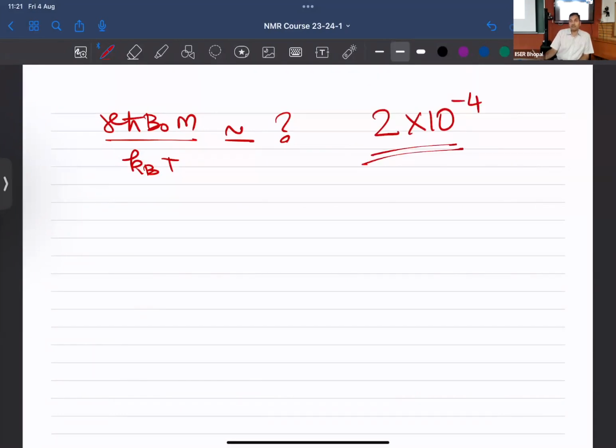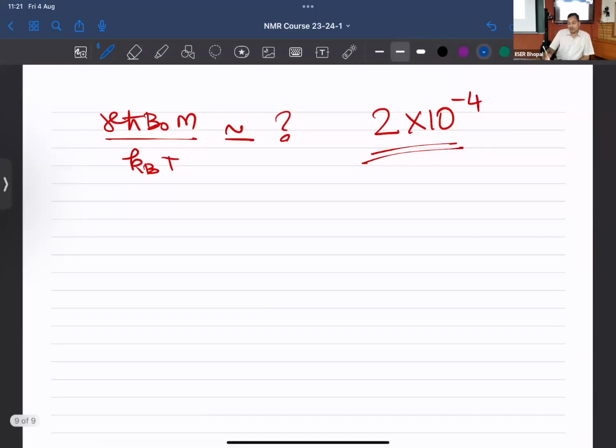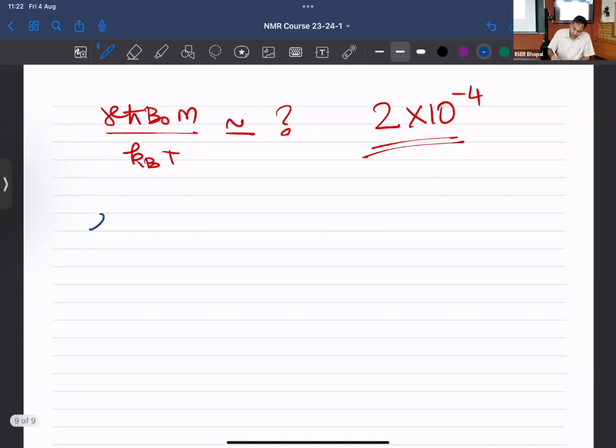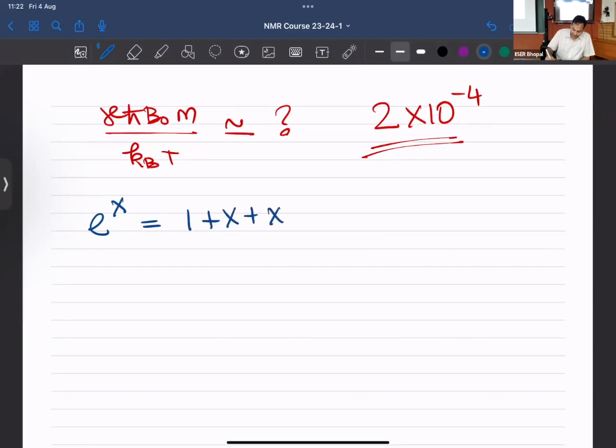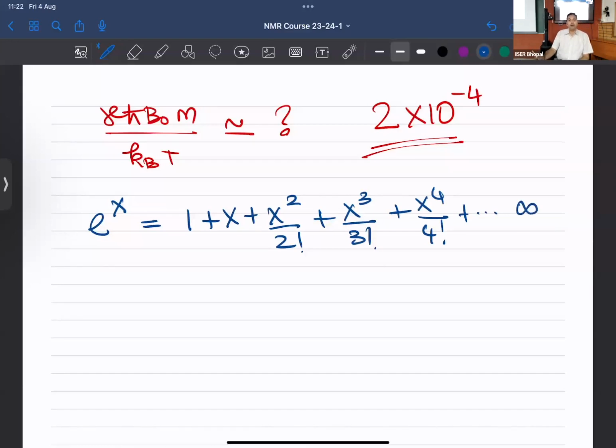That sounds about right. So what you guys are able to see is that the value of gamma h cross B naught m by kBT for a spin half system at 298 Kelvin and 9.4 Tesla comes up to something like 10 power minus 4, right? You guys might remember the e power x Taylor series expansion, which is given by 1 plus x plus x square plus x power 4 and so on until infinity, right?